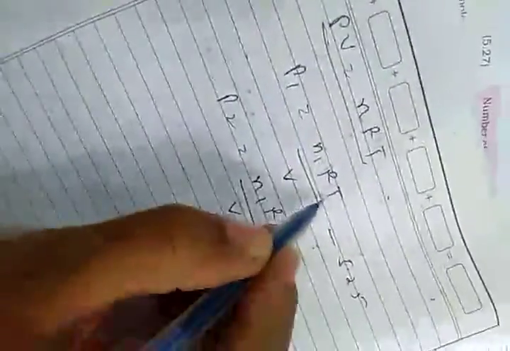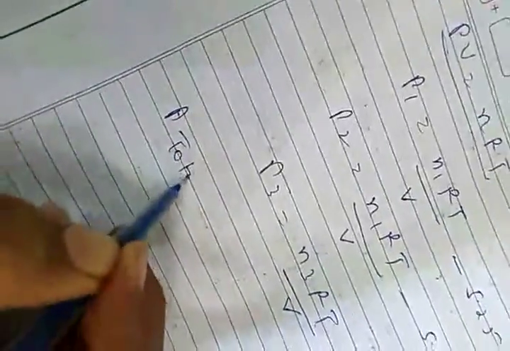P2 is equal to N2RT upon V, because volume and temperature should be constant. P3 is equal to N3RT upon V, equation 5.27. So we can say P total is equal to P1 plus P2 plus P3.